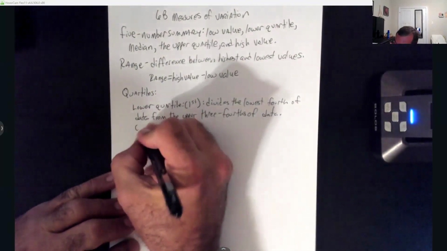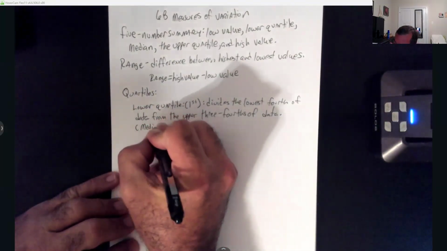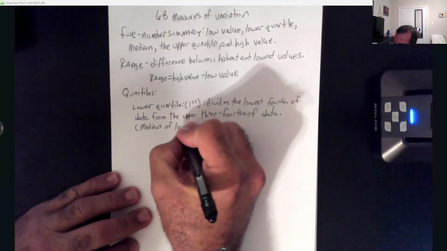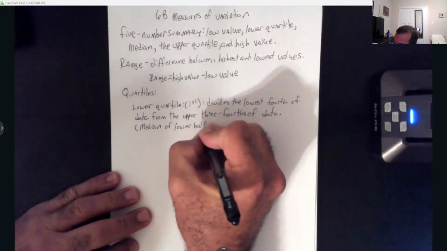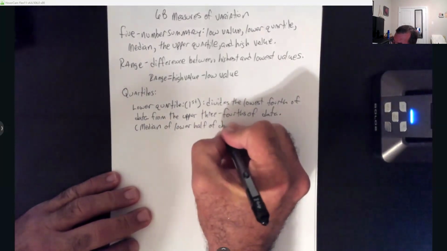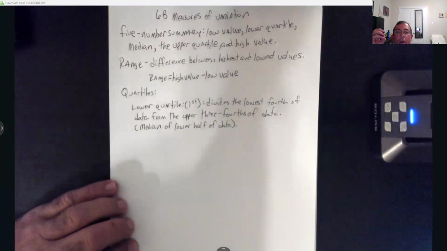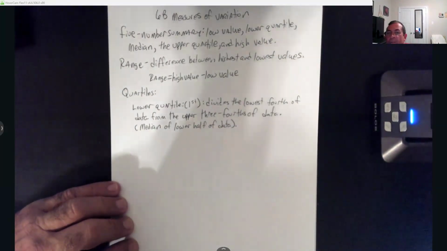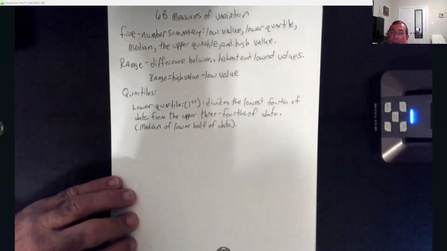And to find that, you find the median of the lower half of data. And y'all remember, median is the middle number, right? You're finding what's the middle value.